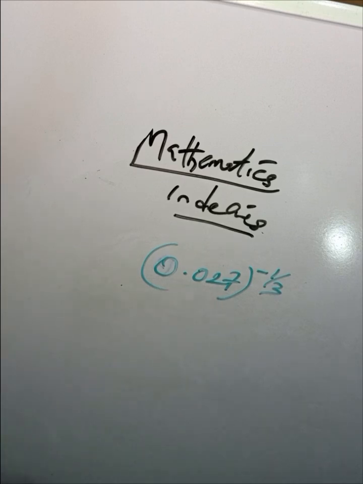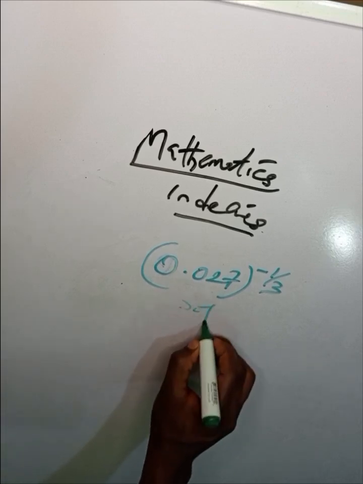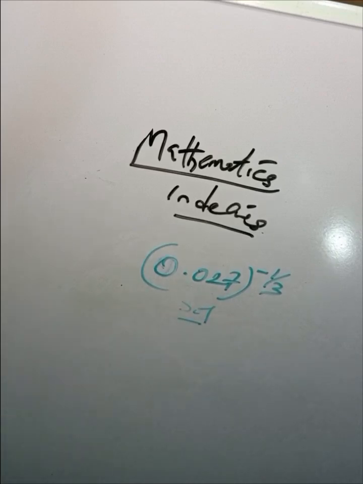This is a decimal number. We convert this decimal to fraction, right? Solution. So how do we convert the decimal 0.027 to fraction?